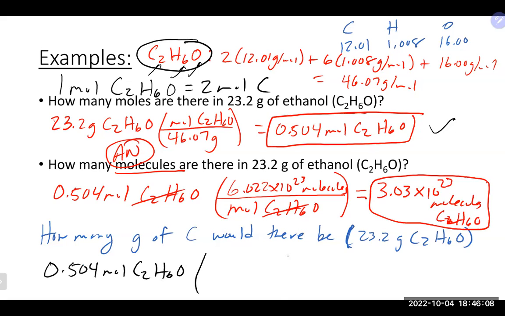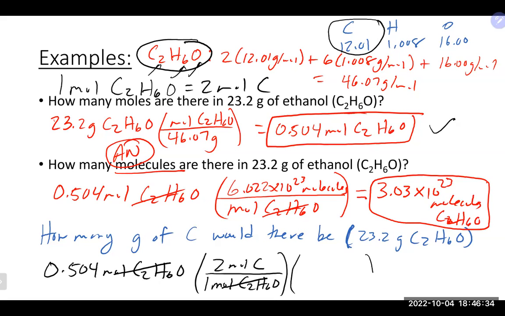And using our conversion factor from the actual formula, once again, we want to get rid of the entire thing. So that will go on the bottom. And the 2 moles of carbon will go up on top. At this point, we're now into moles of carbon, which is close to what we want, but we do want grams. So once again, we're going from moles to grams. So we will use the molar mass for carbon from the periodic table, and it would be 12.01 grams per mole of carbon.